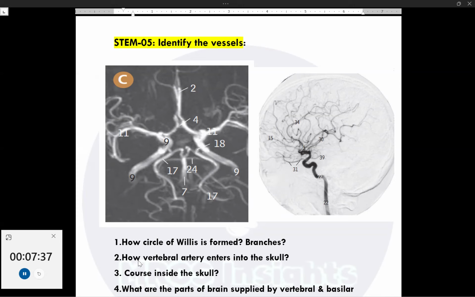Okay. So now tell me, what is number 7? 7 is basilar artery. Okay. So how is this basilar artery formed? By the union of two vertebral arteries. Excellent. So now tell me how the vertebral artery enters into the skull.